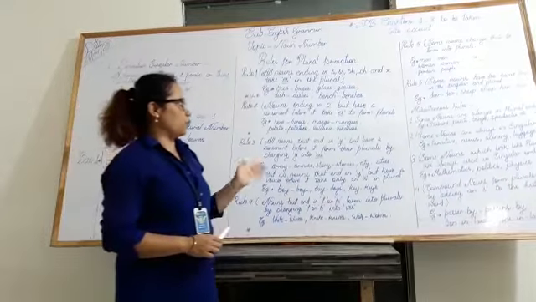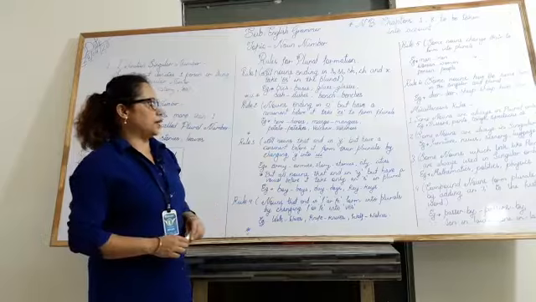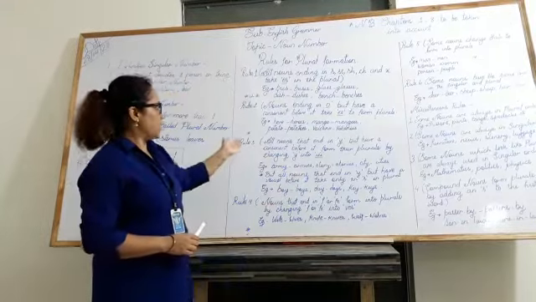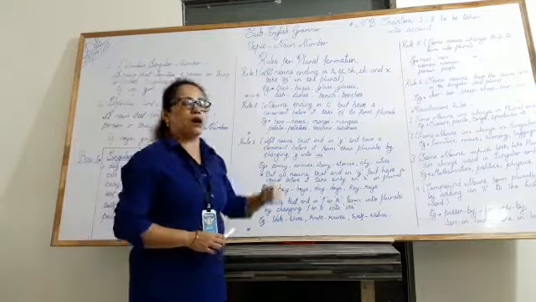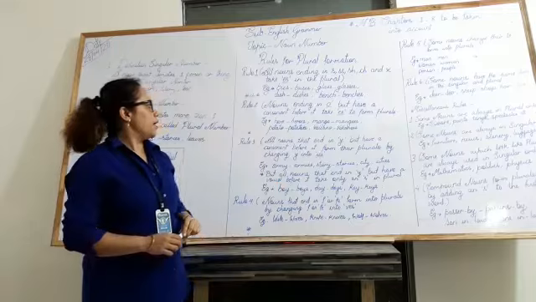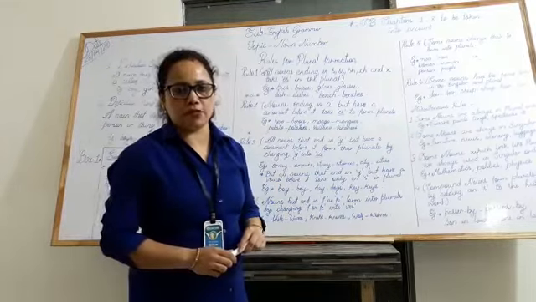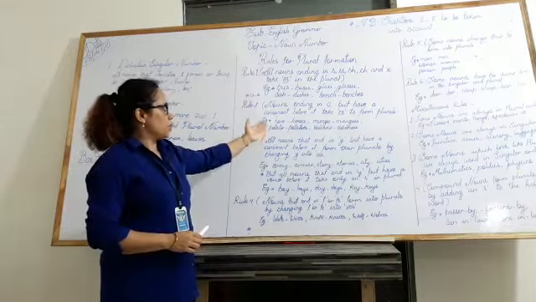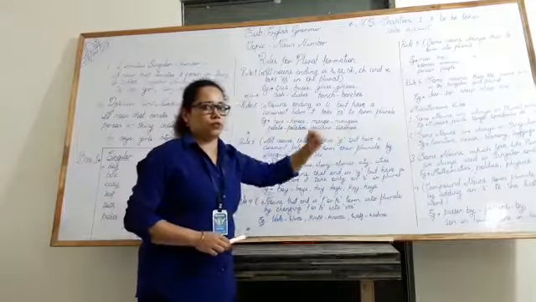Nouns ending in o but having a consonant before it always take es to form plurals. For example, hero will change into heroes, mango will change into mangoes, potato will change into potatoes, and similarly, volcano will change into volcanoes.